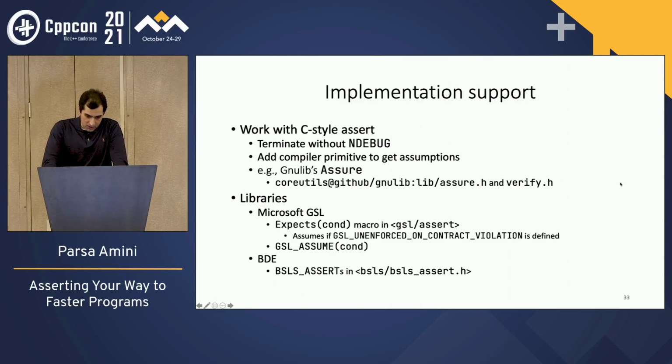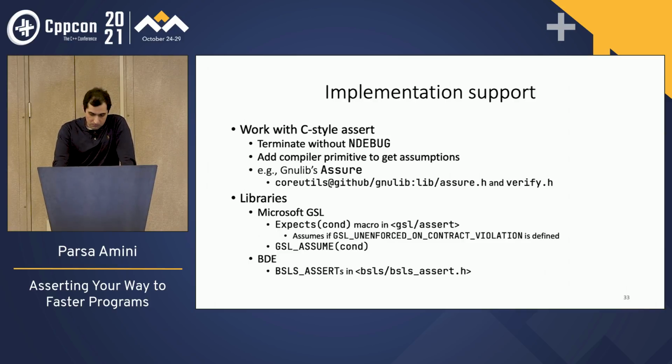What about the implementation? What's the state of implementation of contracts and assumptions? You can implement contract checks with asserts and control it already. You can control what happens to your assertions by defining or undefining the NDEBUG macro; define NDEBUG if you want to ignore your asserts.